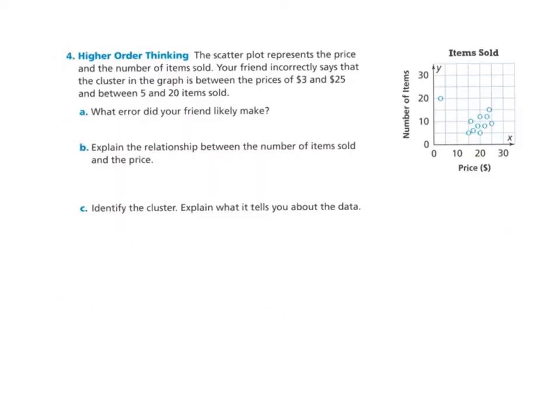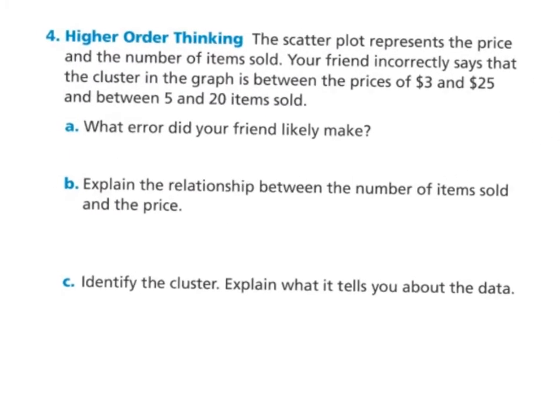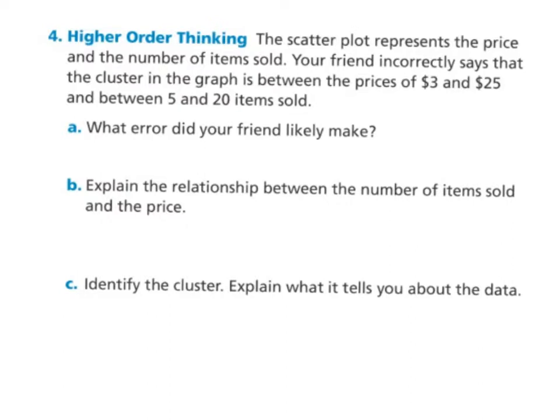So look at number 4. Scatter plot represents the price and the number of items sold. Your friend incorrectly says the cluster in the graph is between the prices of $3 and $25 and between 5 and 20 items sold. What error did your friend likely make?